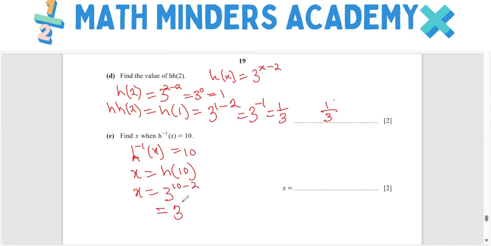That gives us 3 raised to power 8. 3 raised to power 8 is 6,561.